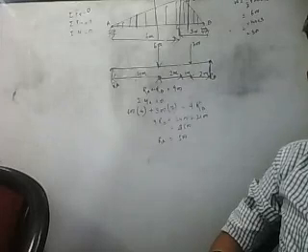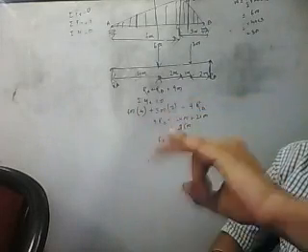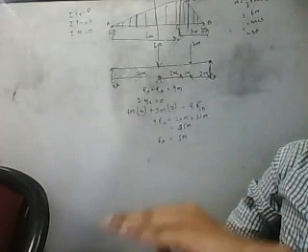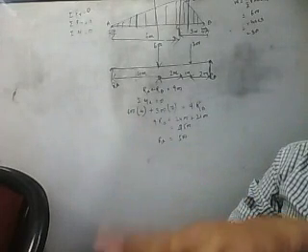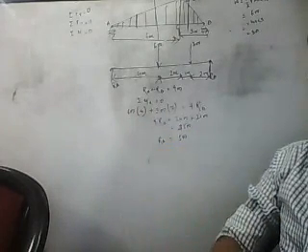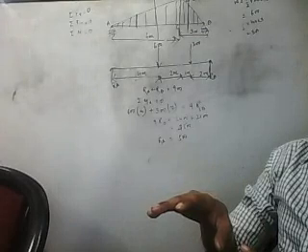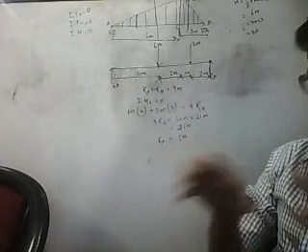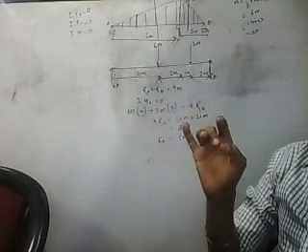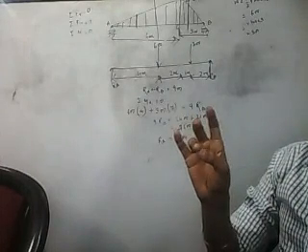Right now we were studying about types of supports, types of loading, and types of beams. In this, the two crucial things are which type of support is applying on the beam and which type of loading is applying on the beam. There are three types of loading: first one is point load, second one is UDL, that is uniformly distributed load, third one is uniformly varying load.